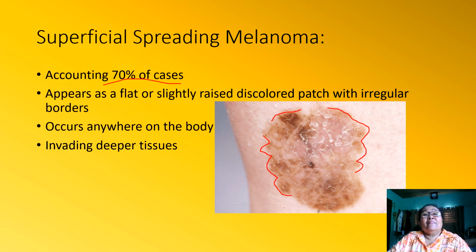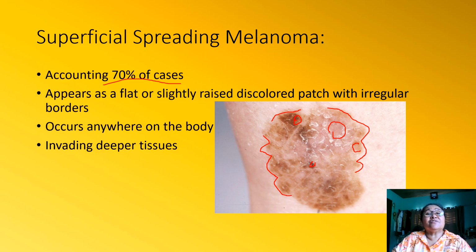And varying shades of black. So we have black here, this one is black. We have brown, this one is brown. We have the pink, this part is the pink. And we have also the tan colors.